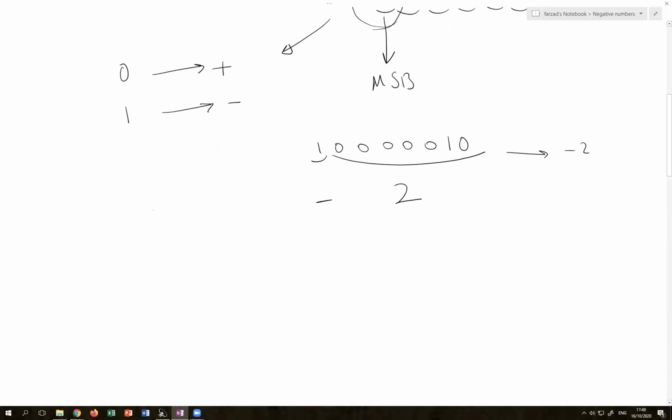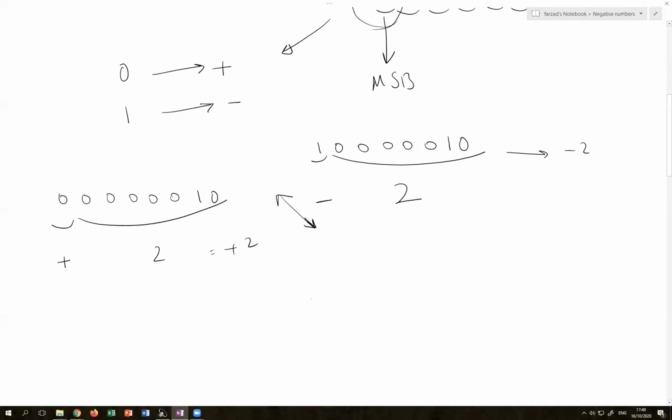If I have 0 0 0 0 0 0 1 0, in the sign magnitude technique, this is positive, and the magnitude is 2, so this is plus 2. As you see the difference between these two numbers, one is minus 2 because of the MSB, and the other is plus 2.